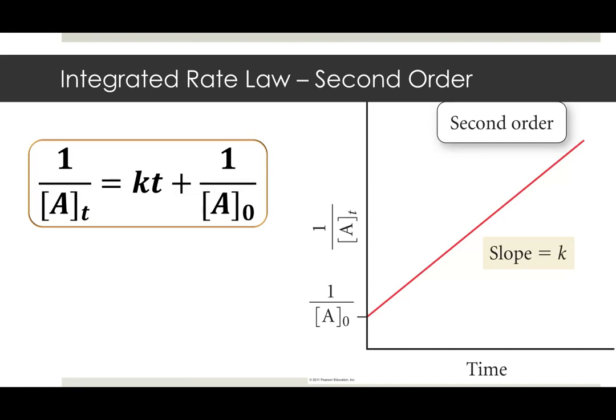So again, here's what a graph would look like. We're going to graph this data with time on the bottom, on the x-axis. Our y-axis in this case is 1 over the concentration of A. Remember, for the first order, it was natural log. The other difference I see here is that when we graph this information, it's a positive slope.